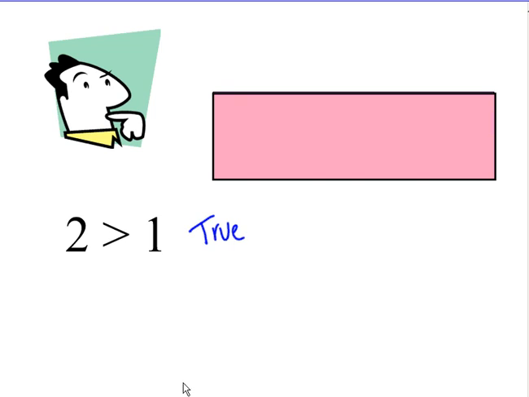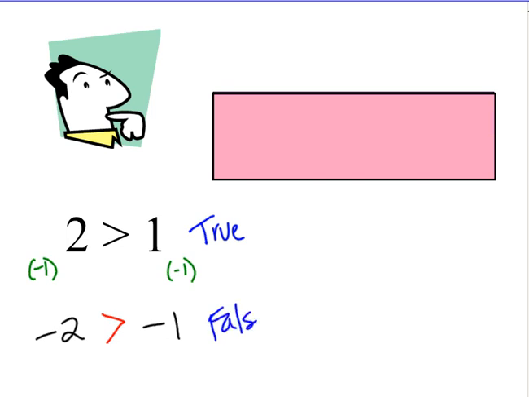But what would happen if I multiplied both sides by -1? I would then write -2 on this side, and 1 times -1 would be -1. Our natural inclination would be just to bring the sign down as it is. Now, if I bring the sign down as it is, is -2 larger than -1?